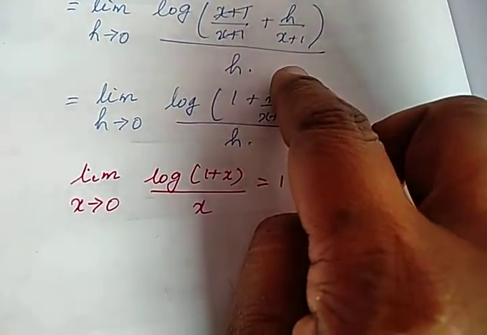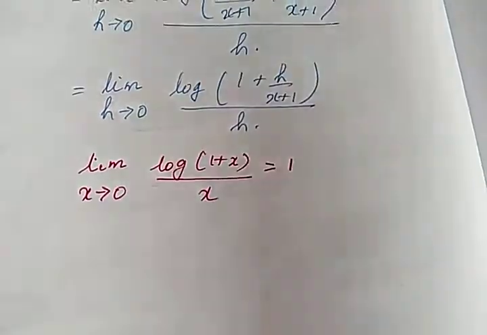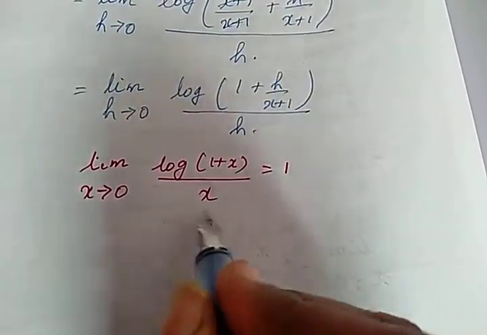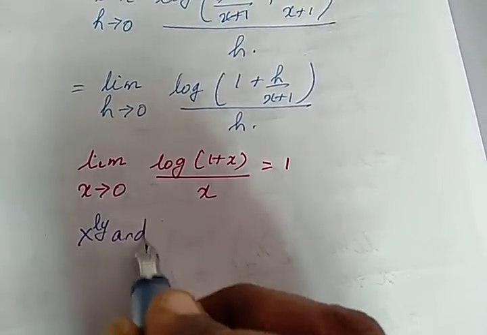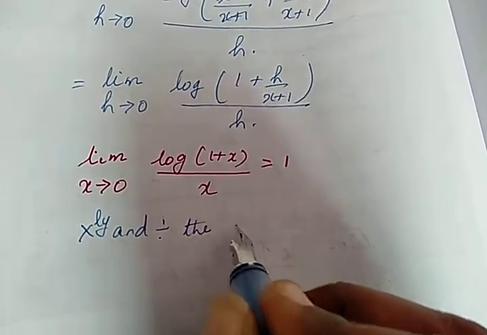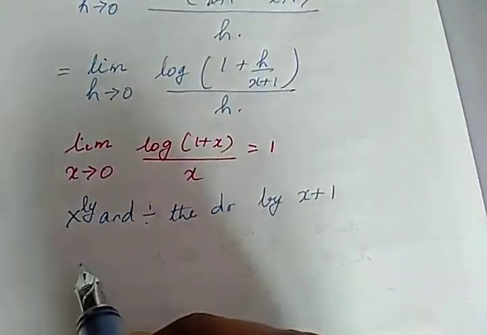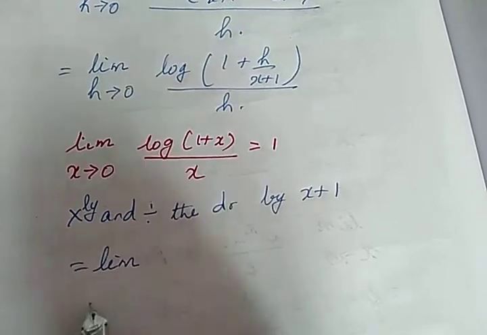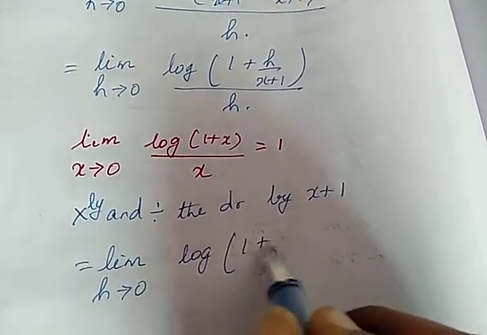I am going to bring this alone to this format. So multiply and divide the denominator by x plus 1. So what will I get? Limit h tends to 0 log, on the numerator no changes at all.